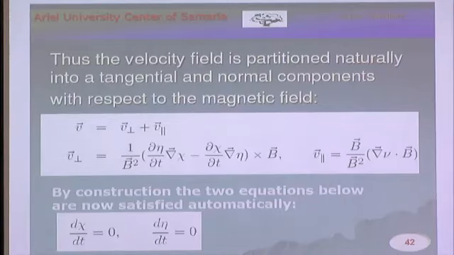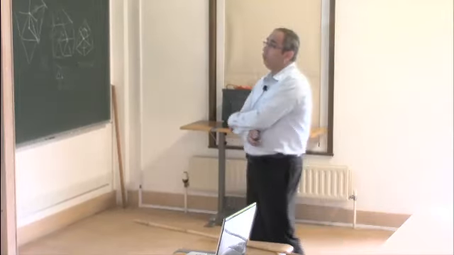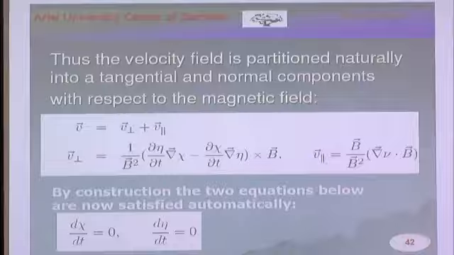The normal component depends on chi and eta only, and the tangential part depends on this new function, which really gives only contribution along the magnetic field line. So by construction, if you use this representation of the velocity, those two equations below are satisfied automatically.